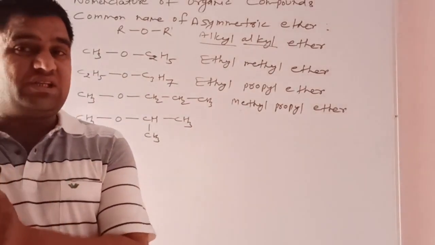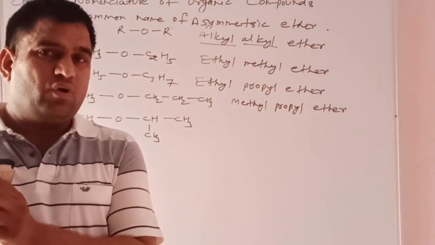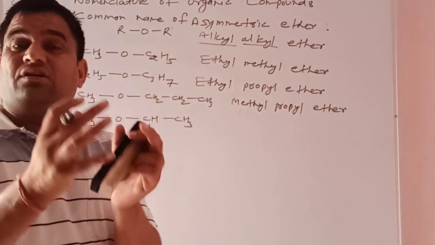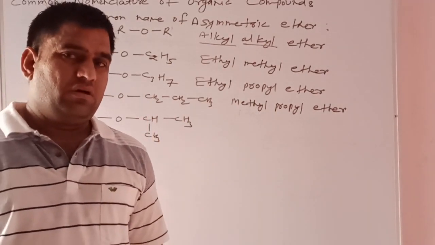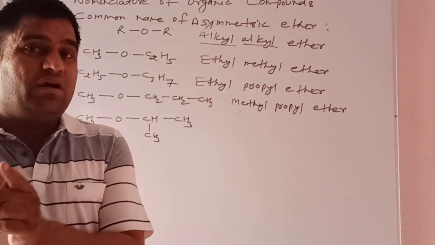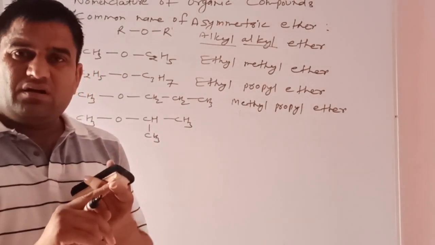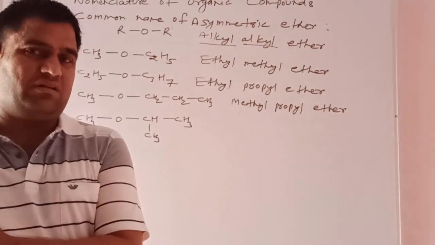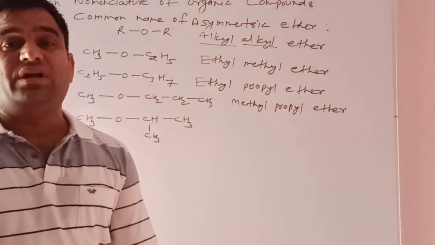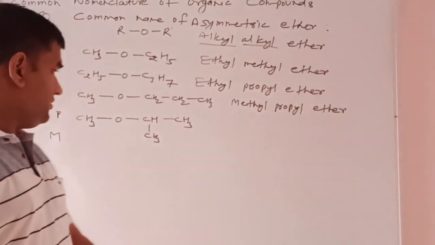Iso, tertiary, neo, all conditions are included in the alphabet rule. Notice this point: iso condition, tertiary condition and neo condition all are included in the alphabet rule.